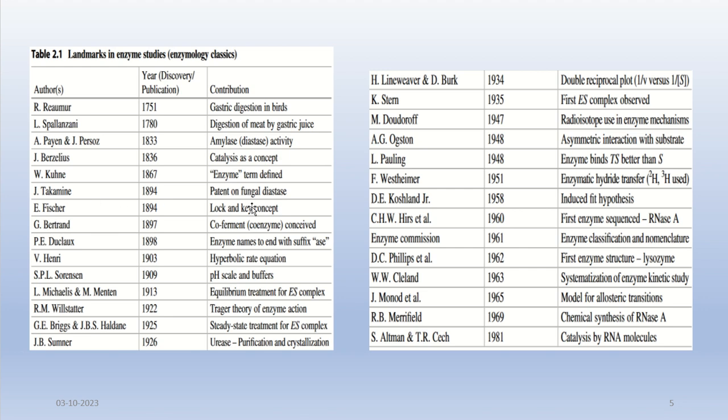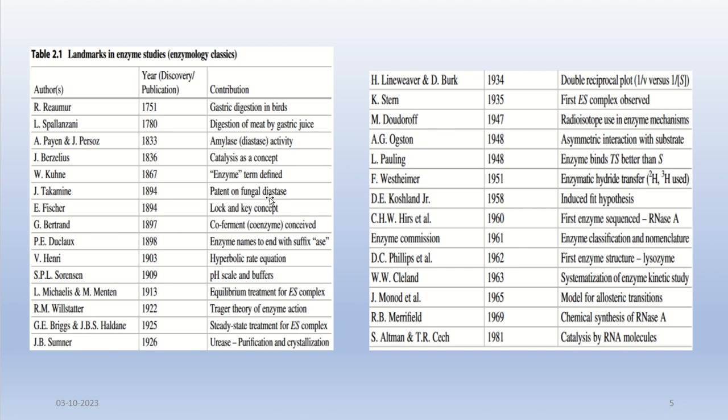Takamine patented fungal diastase first in 1894. In the same year, 1894, Emil Fischer gave the lock and key concept. They describe that every key is specific to every lock.